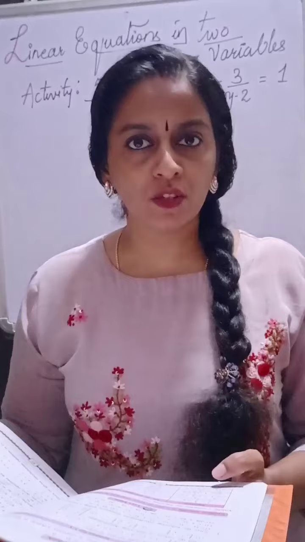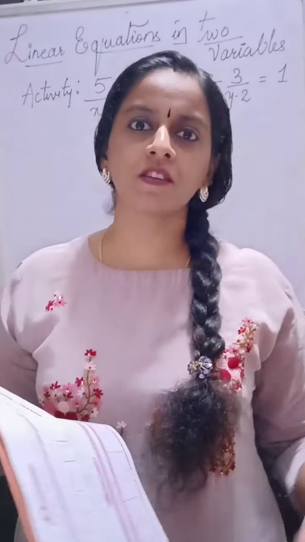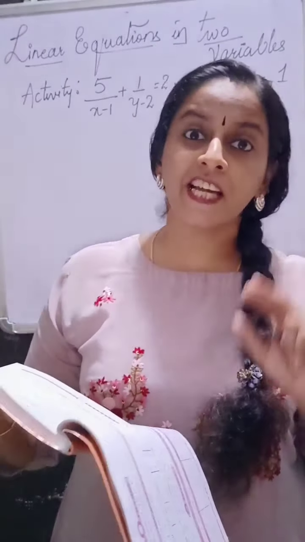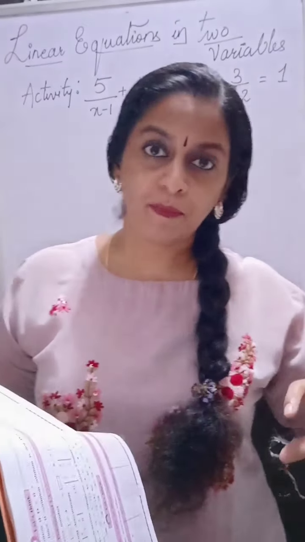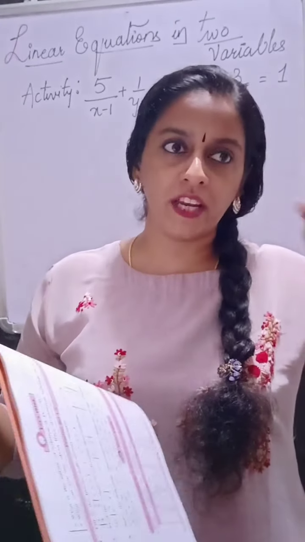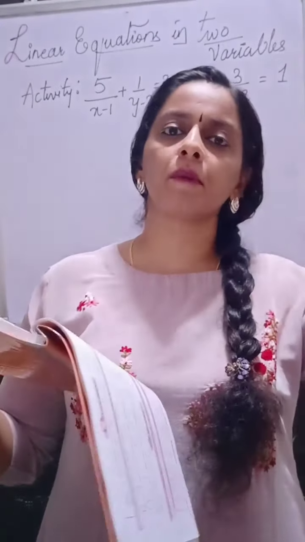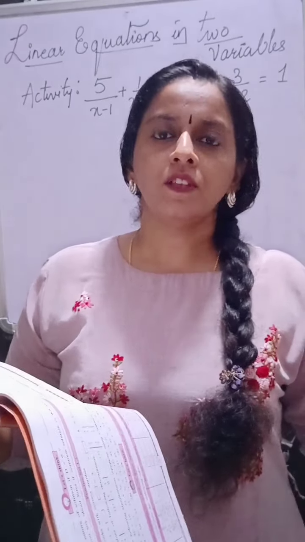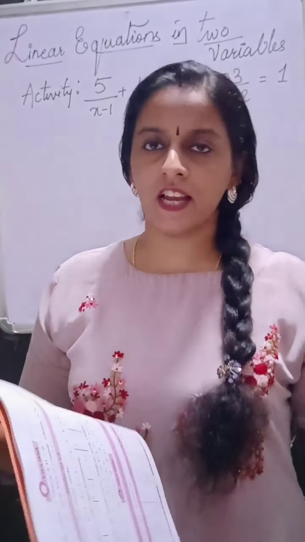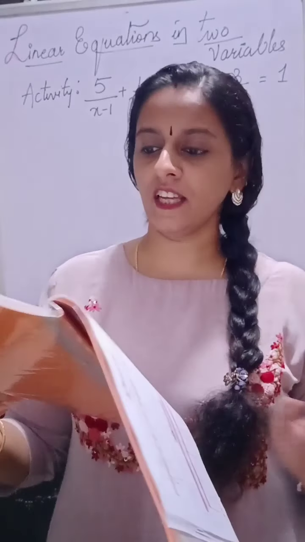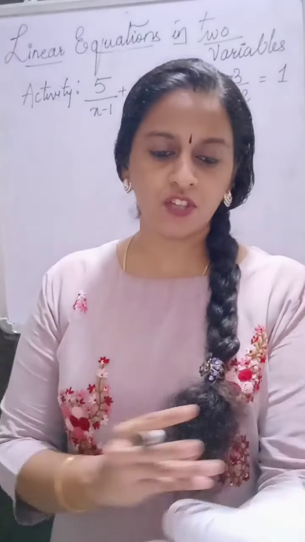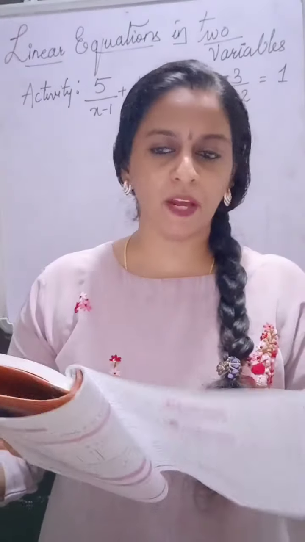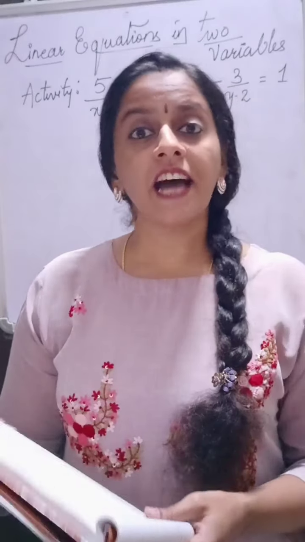The fourth one is also not a linear equation because the variables are in the denominator and the power is 1. So x raised to 1, if you bring it to the numerator, it becomes a negative power. So it is not satisfying the general form. So these are not linear equations. Then turn the page. We have the activity given on page number 19 that we will solve.